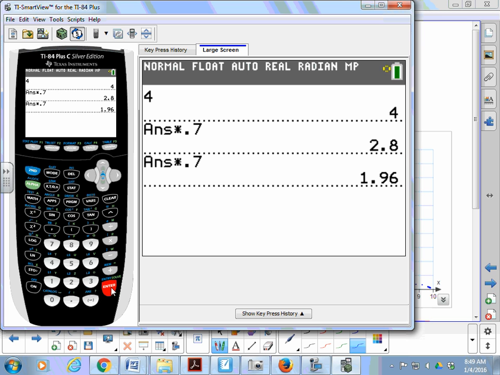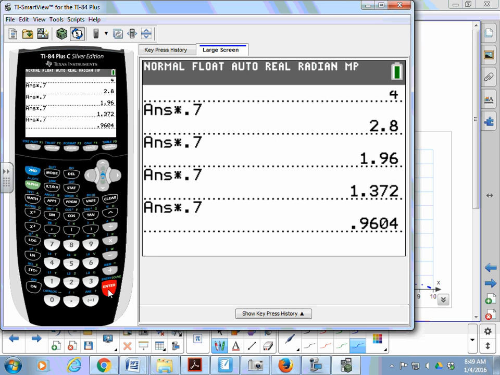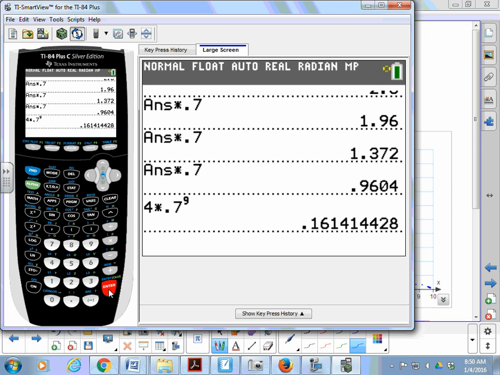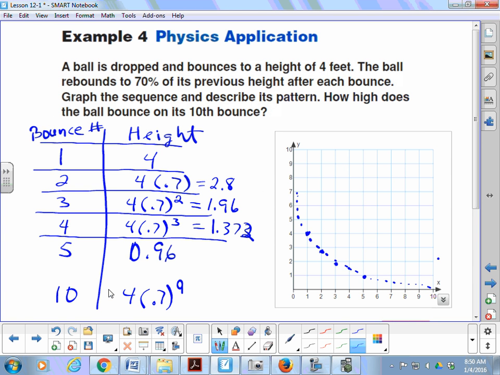You could do that on your calculator using that last answer feature. Or 4 times 0.7 to the 9th power. And we get 0.16 inches. So on the 10th bounce, it's 0.16 feet, approximately.